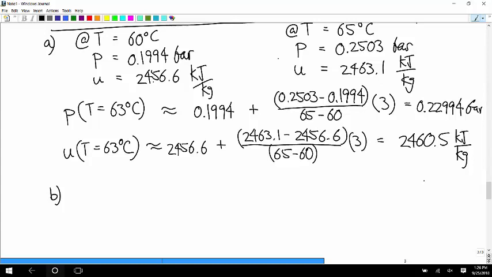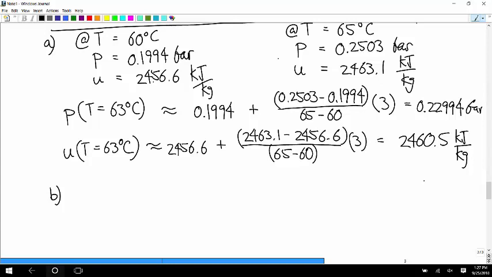If you start with a saturated liquid and add energy until it's a saturated vapor, you've added a lot of energy to this material to spread the molecules apart. So at the same saturation point, you're going to have a lot more energy in the saturated vapor than in the saturated liquid.